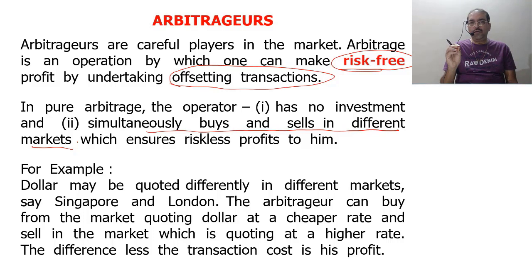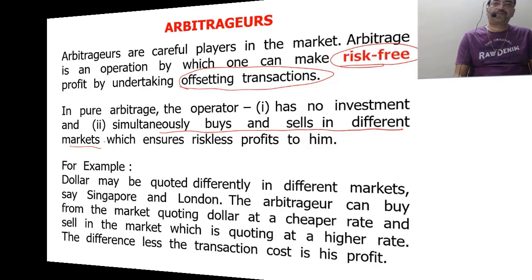So now we have done the groundwork of foreign exchange. Now let us move to the higher level of forex. Clear up till here? Shall we move to the higher level? Okay.